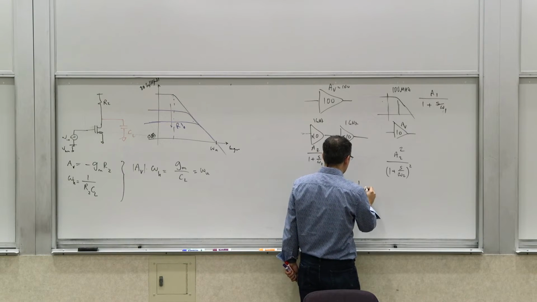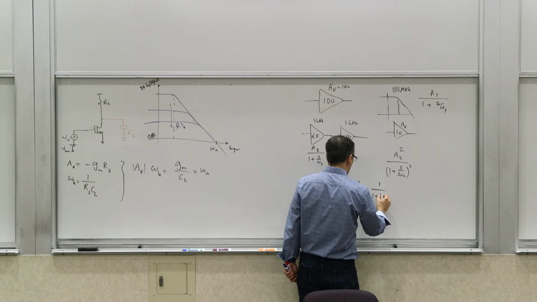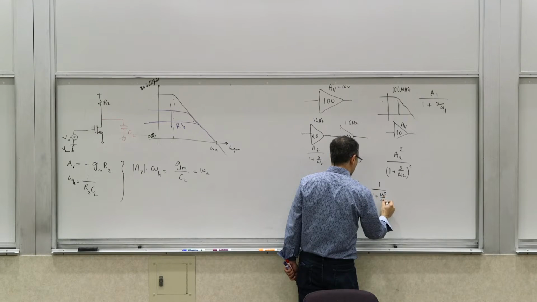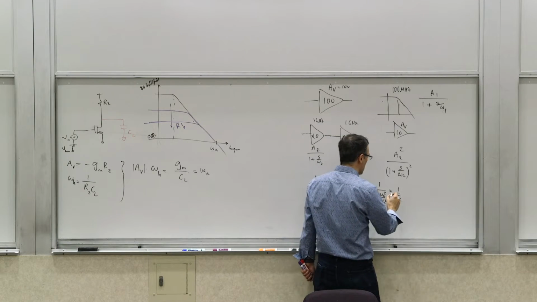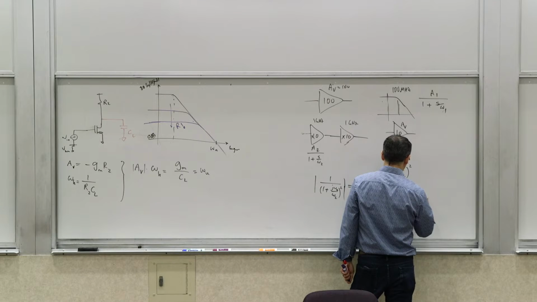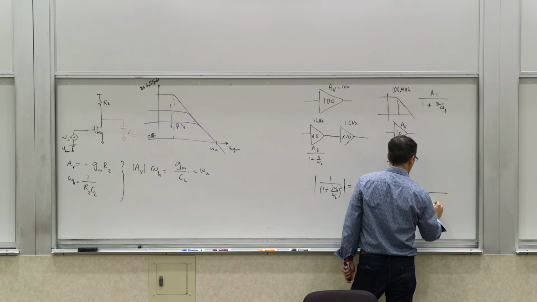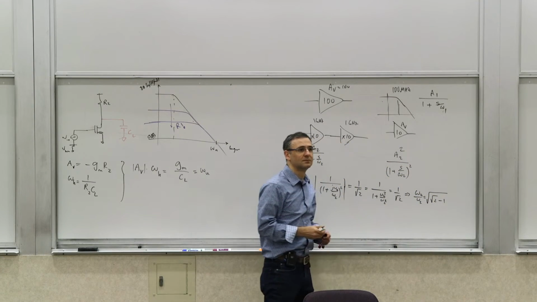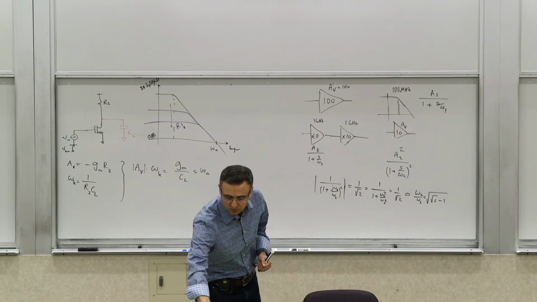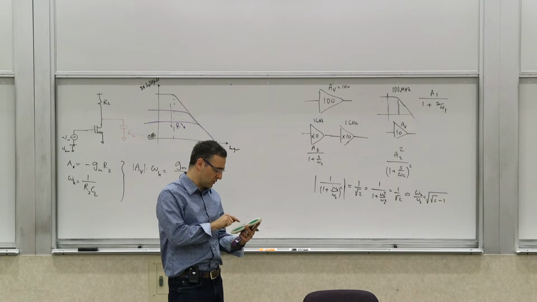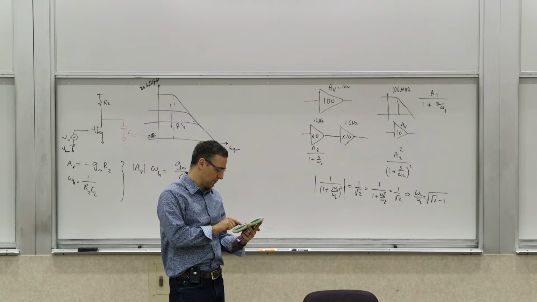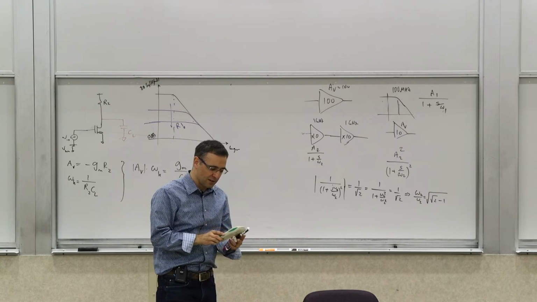The magnitude squared is simple because it's going to be 1 plus omega h over omega 2, each one of them squared, equal to 1 over square root of 2. So then omega h over omega 2 is square root of 2 minus 1, which is 0.64.